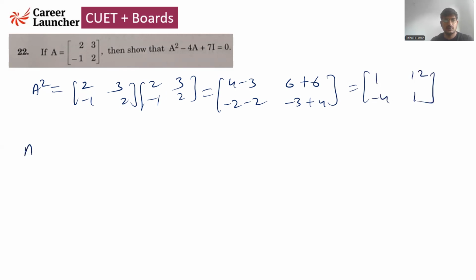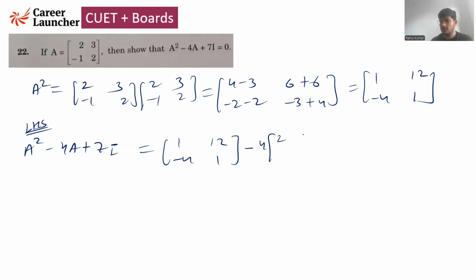Now you will just substitute all possible values in the left hand side. When you substitute it, what you'll get is [1, 12; minus 4, 1] minus 4 times matrix A [2, 3; minus 1, 2] plus 7 times the identity matrix [1, 0; 0, 1].